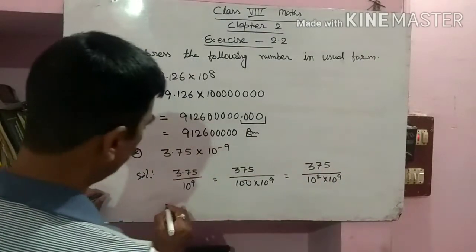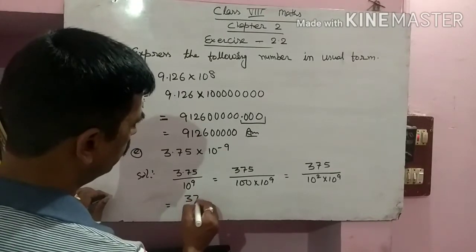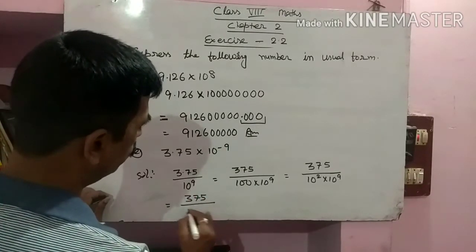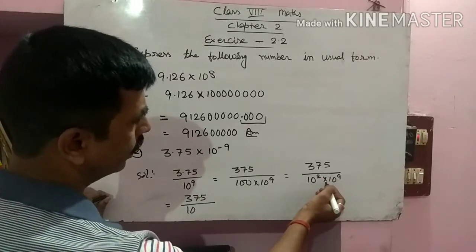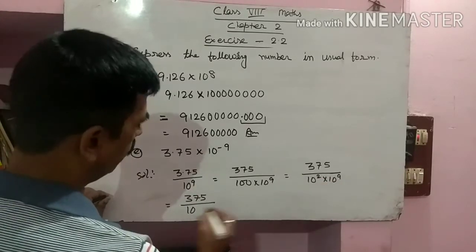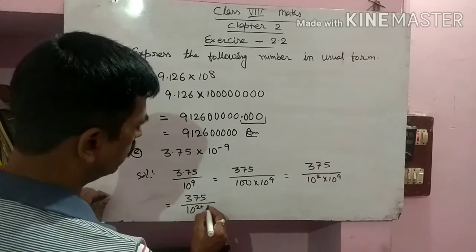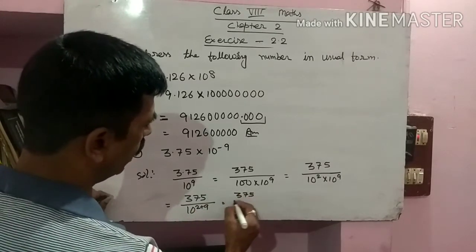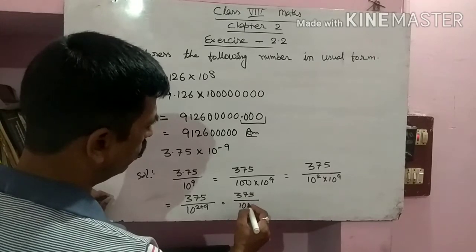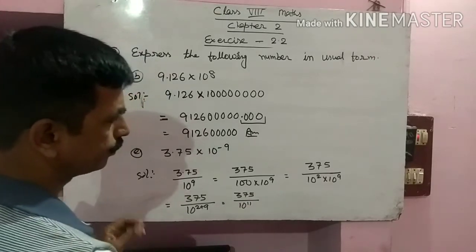As you know, this becomes 375. If the bases are the same and the powers are different, in case of multiplication the powers are added, meaning 2 plus 9. So it becomes 375 by 10 to the power 11.